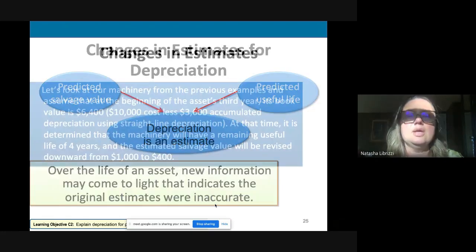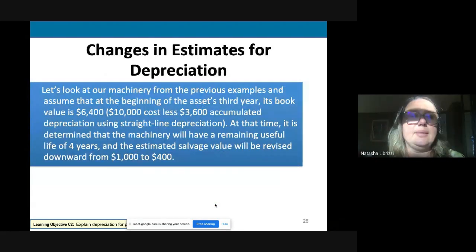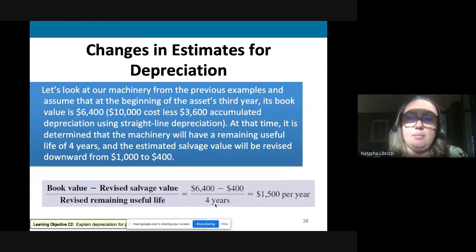Okay? So how would that look in a real example? Let's say we have machinery from previous example and assume that in beginning of the 3rd year, so we have 2 years of depreciation, our book value is 6,400. So we have 10,000 cost left, 3,600 accumulated depreciation, and we use a straight line method on this one.